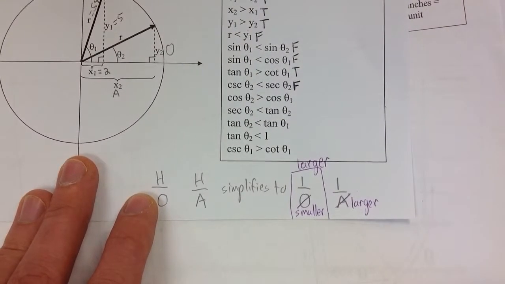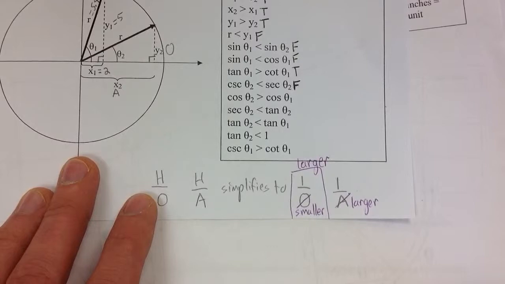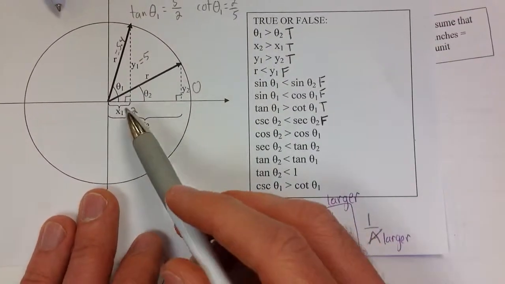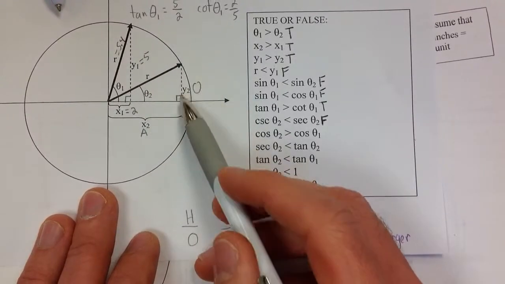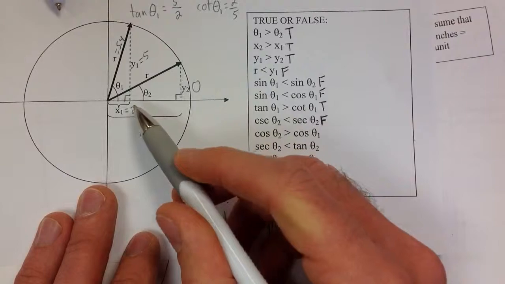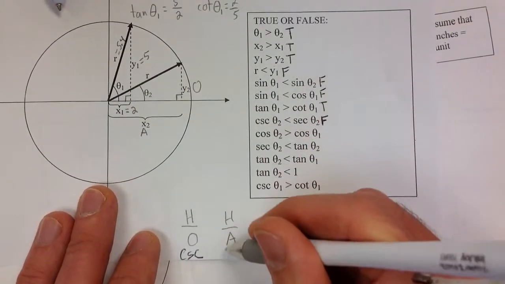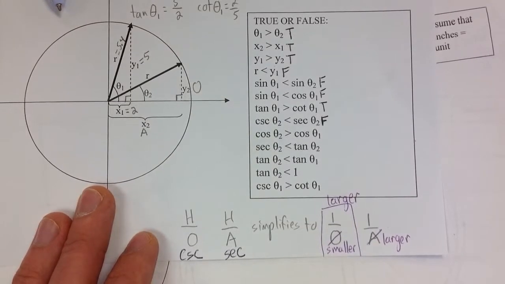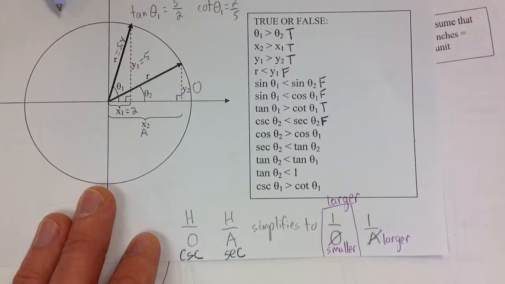Let's go over it again. I've made many errors in my life. Cosecant, hypotenuse over opposite. Secant, hypotenuse over adjacent. Okay, I'm going over it again for my own purposes then.